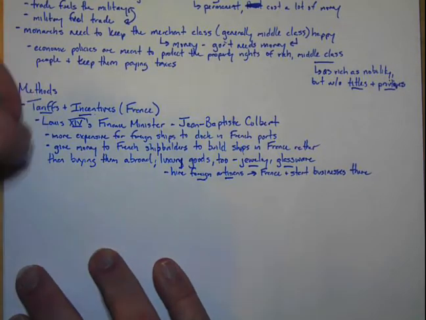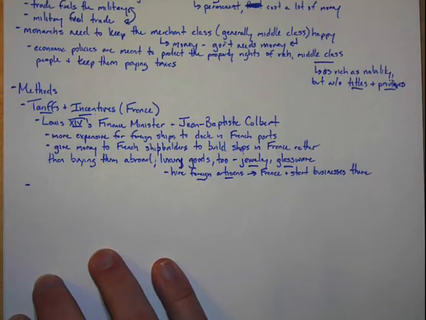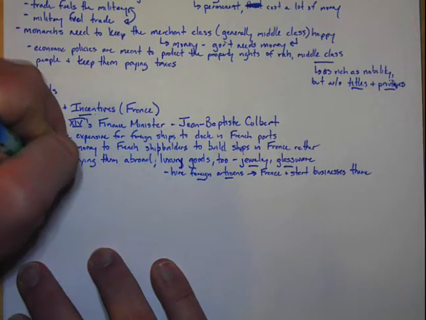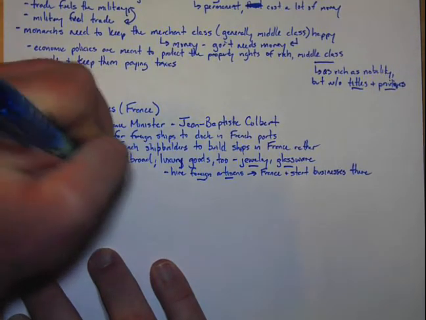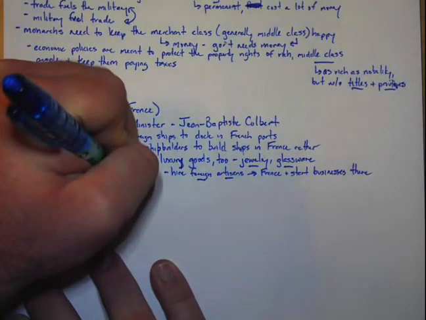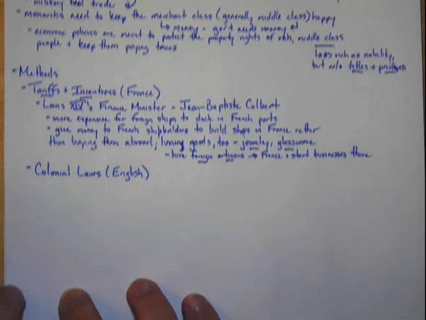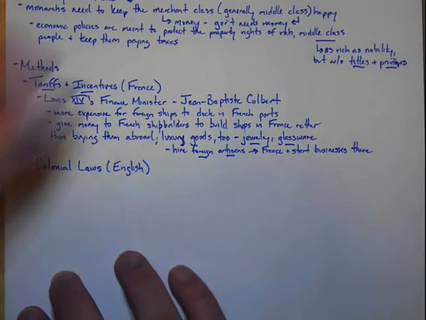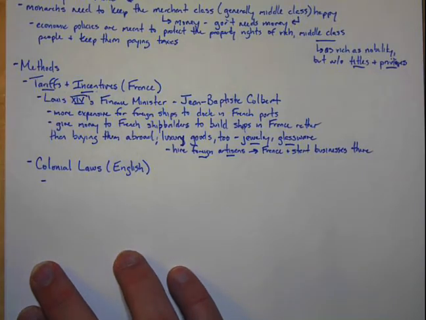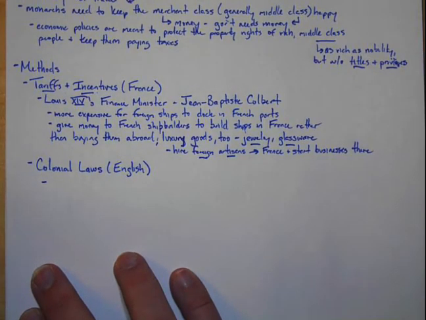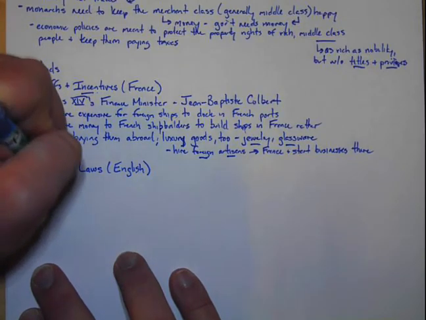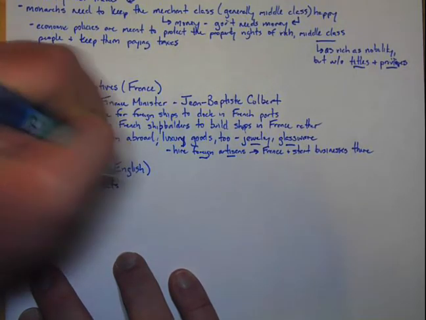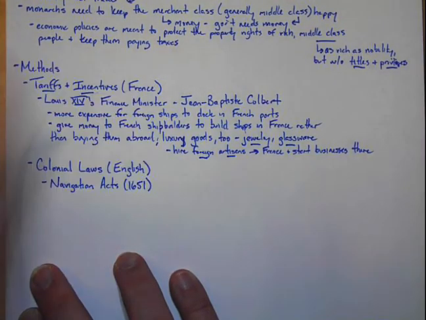Another way that we might see this put into practice are through colonial laws. And this is a big English thing. So here is a constitutional monarchy doing the same thing. So maybe the most famous or infamous, depending on how you want to look at this, example of this are the Navigation Acts. And these were first passed in 1651.